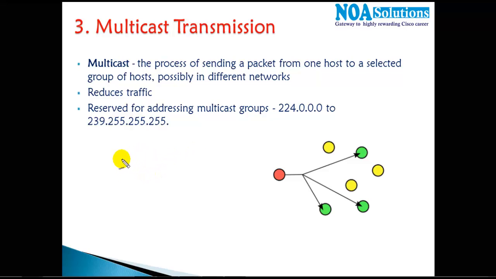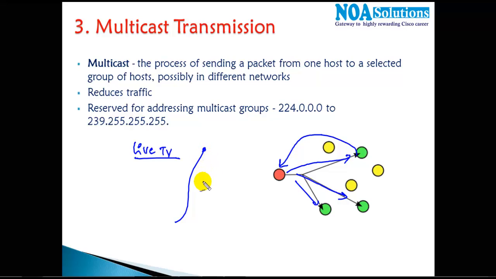Now the major difference is that in case of multicast, not everyone will receive it. Only the users who are sending a request will receive it. Just like if you want to watch live TV or live matches, or some videos online, when you click on the link, you're sending a request that you want to join the group, and based on that you will get a reply.